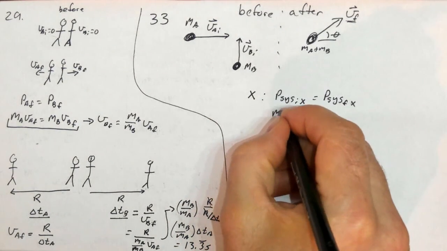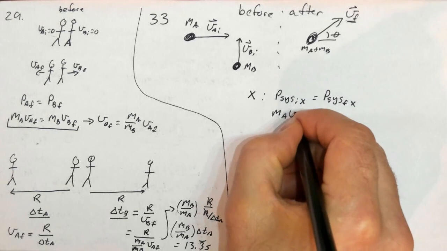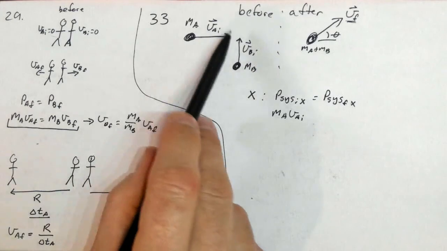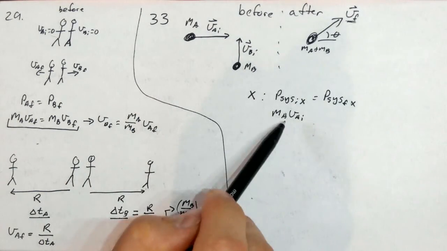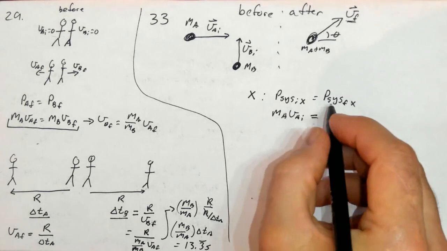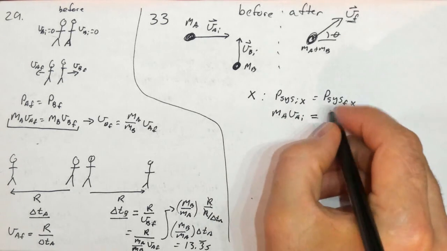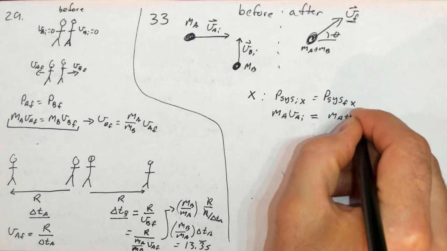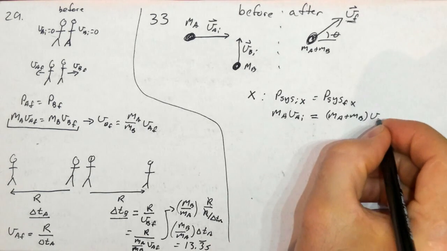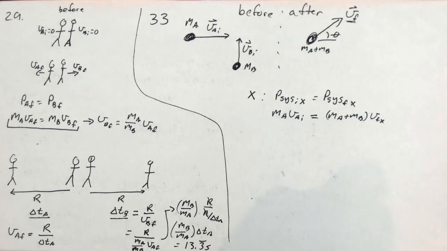So this is just going to be MA VA initial, which I take off the vector sign because I recognize that's all of it. The whole thing is all in the x. Then I set it equal to the final momentum, which is this object, MA plus MB times the final velocity x, the x component.